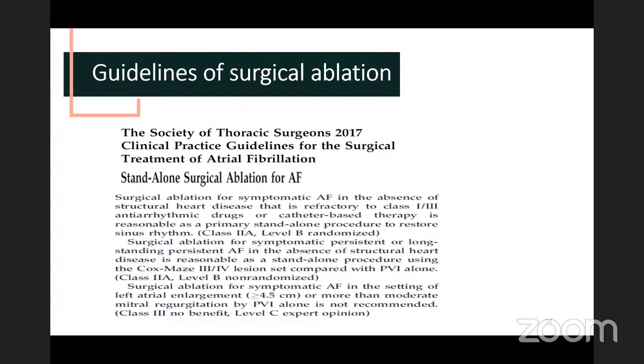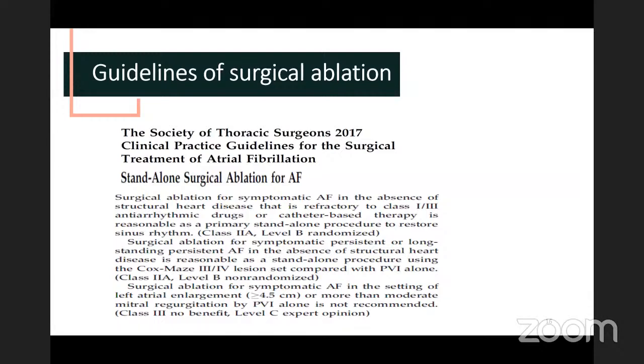For the standalone Maze, there are three different categories. Surgical ablation for a symptomatic atrial fibrillation patient in the absence of structural heart disease, who is refractory to antiarrhythmic drugs or catheter-based therapy: it's reasonable to do standalone surgical ablation to restore sinus rhythm.